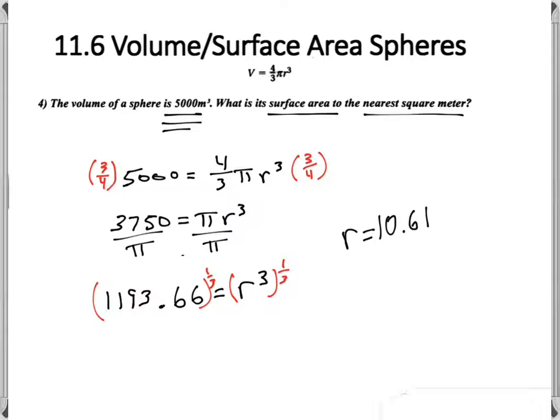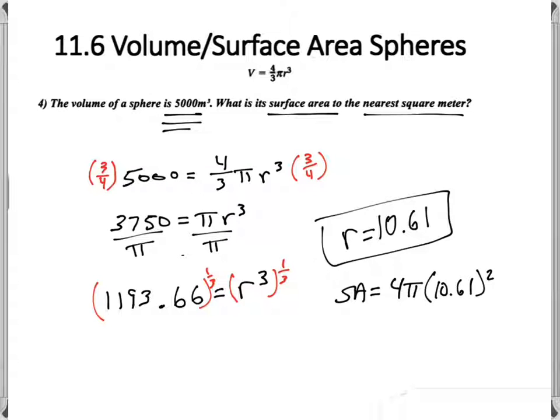They asked us to find the surface area, so now with this, I'm going to plug it into my surface area formula. 4 pi times my radius squared. Well, my radius is 10.61, so I'm going to plug that in. And so when I multiply it out, I get my surface area to be 1,414.6 meters squared.